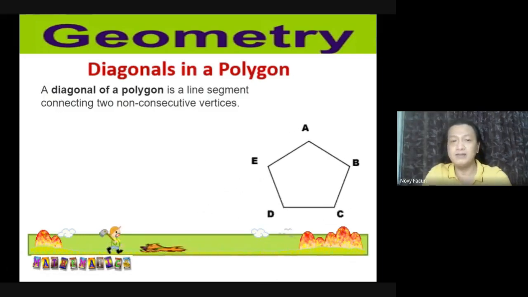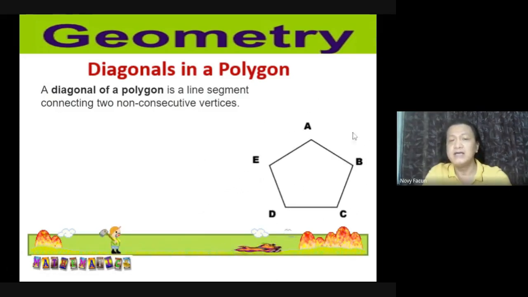So, example natin, we have here a polygon. This is regular. Okay, we have the vertices A, B, C, D, E. So, kapag kinonect natin yung AC, ayan, kapag sinabing diagonal, kaya dito siya, non-consecutive.